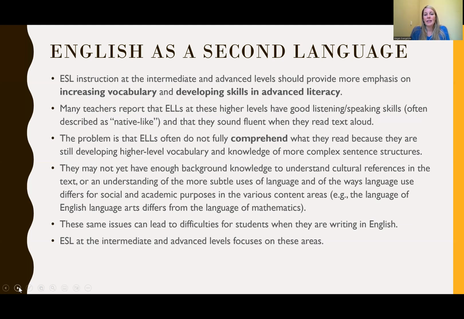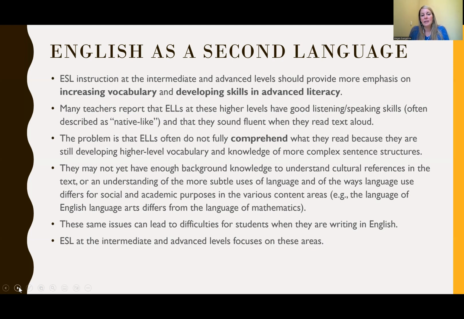ESL instruction at the intermediate and advanced level should provide more emphasis on increasing vocabulary and developing skills in advanced literacy. Many teachers report that English learners at these higher levels have strong oral skills, listening and speaking. Sometimes they're referred to as native English speakers because they sound fluent and they have reading fluency when reading text aloud.